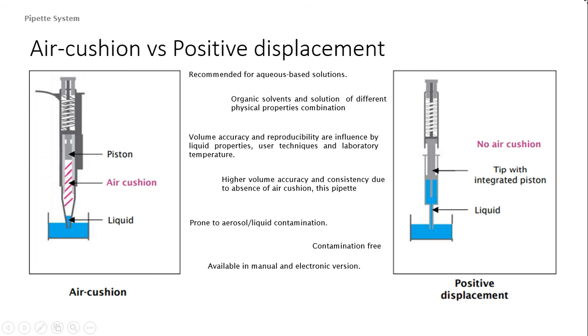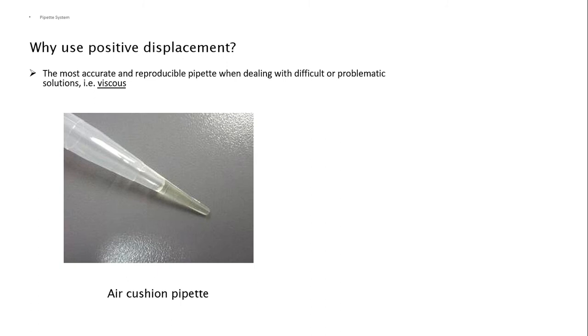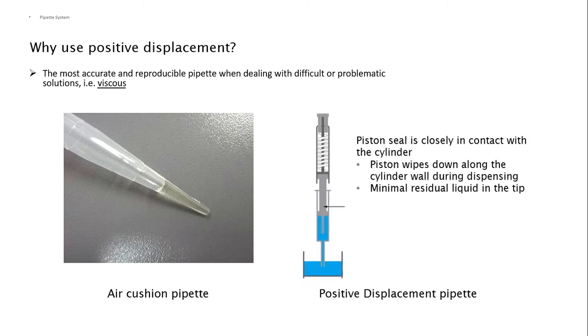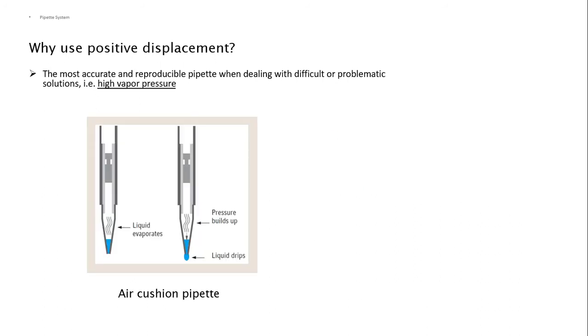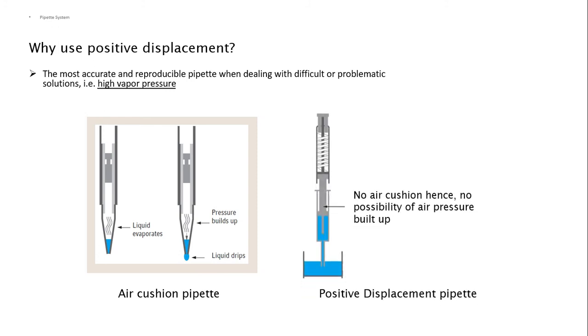So this one, why use positive displacement? You can just read it, or you can skip this one. The idea of positive displacement is to eliminate the factors that affect the air cushion. So it's just a review of our earlier discussion.